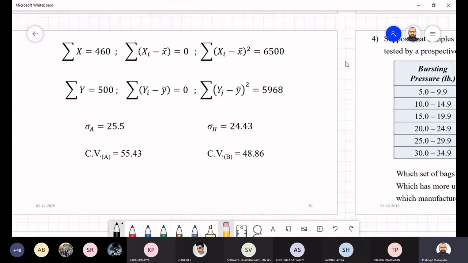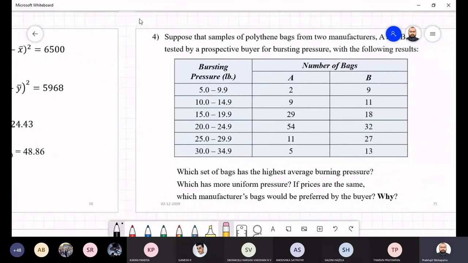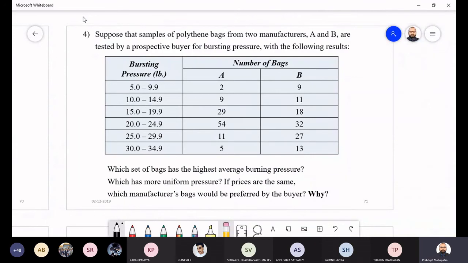Same thing here. There is another problem. Suppose samples of polythene bags from two different manufacturers A and B are tested by a prospective buyer for bursting pressure with the following results.